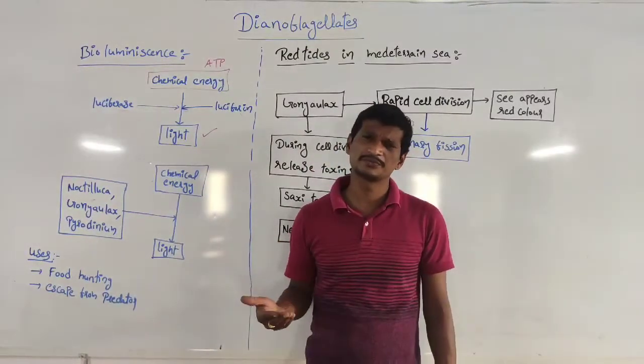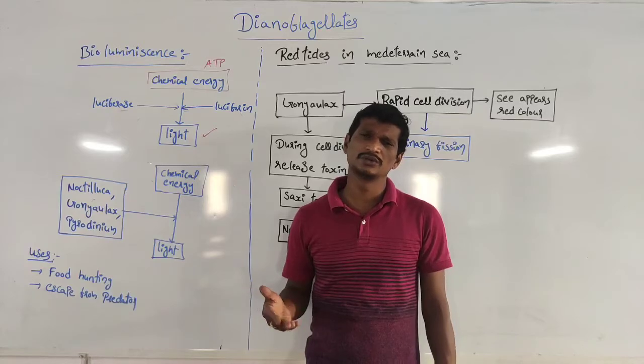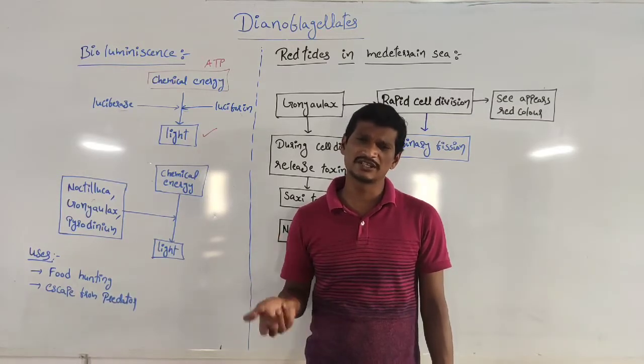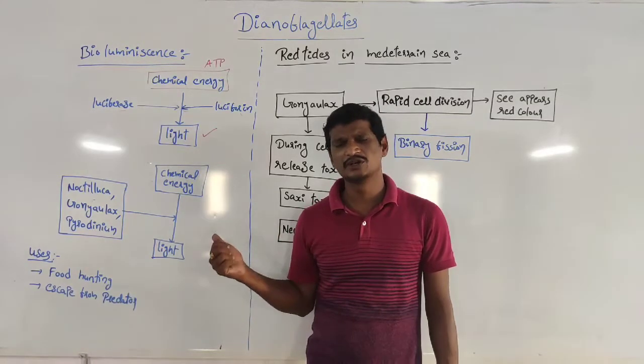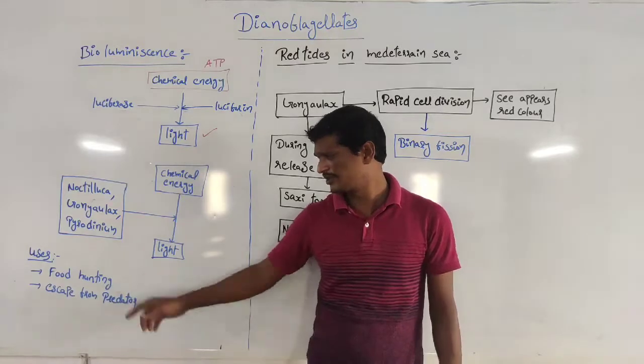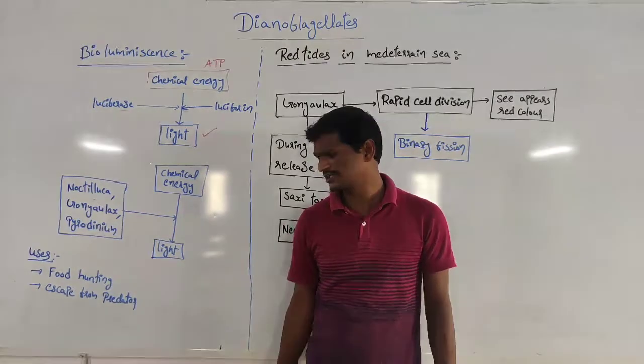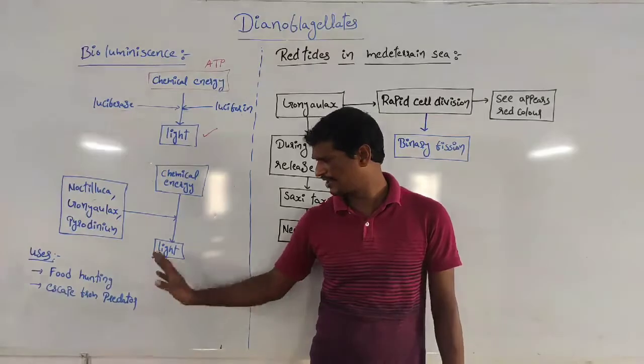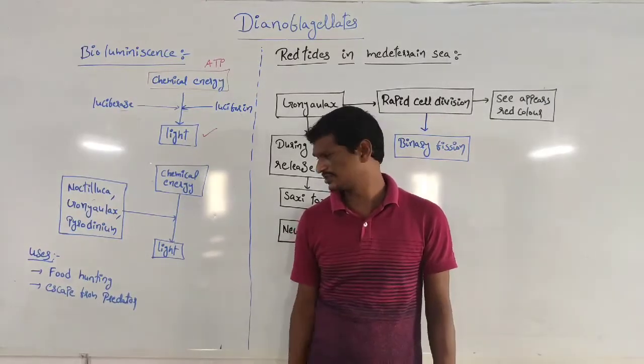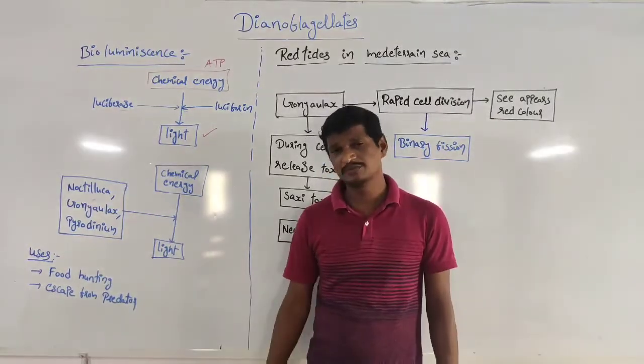So what is the use? What is the use to the organisms, or to the dinoflagellates, of the bioluminescence process? Remember, one is food hunting; bioluminescence supports food hunting. And the other is escape from predators.